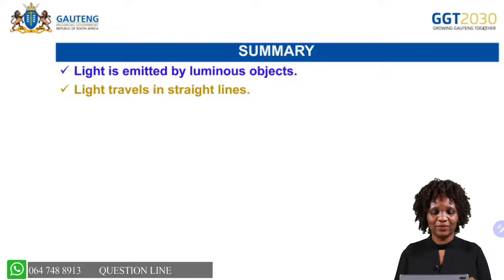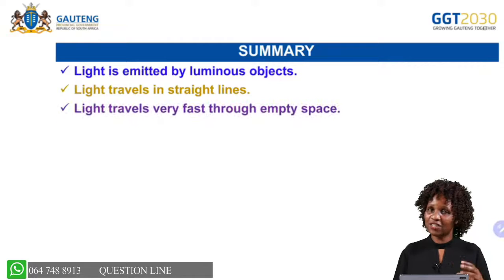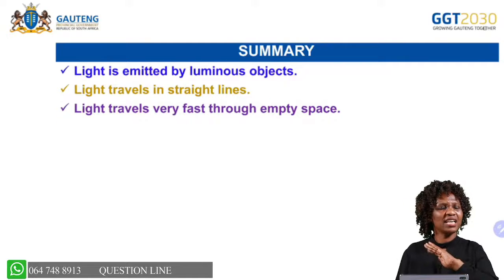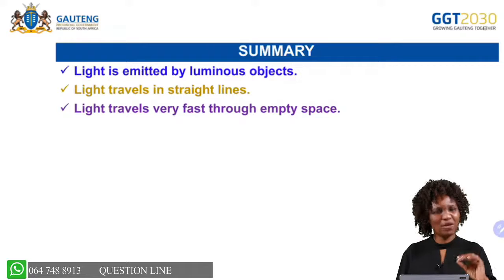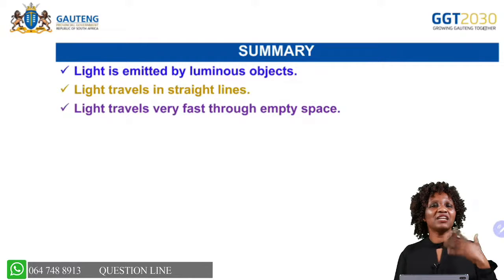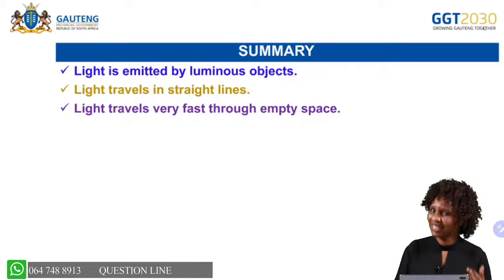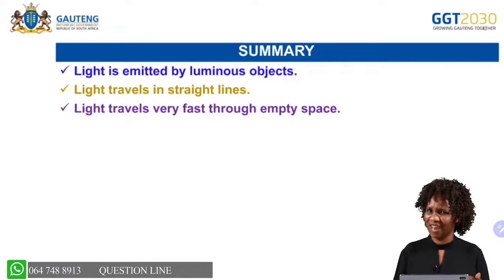Okay. And then light travels very fast through empty space. It travels extremely fast in empty space, that is in a vacuum. That's why we said it can even travel about 300,000 kilometers per second. That's extremely fast. You can see that, grade 8.